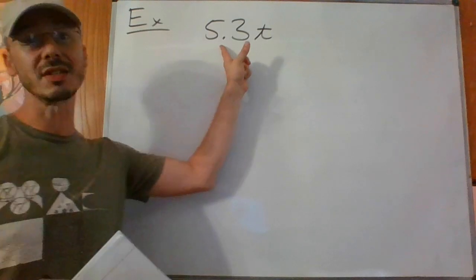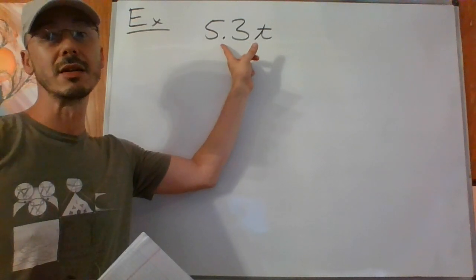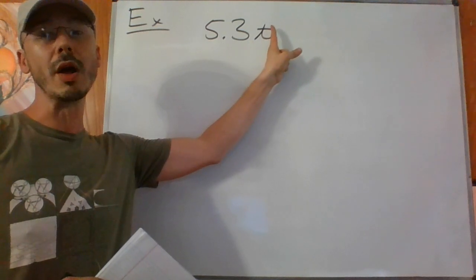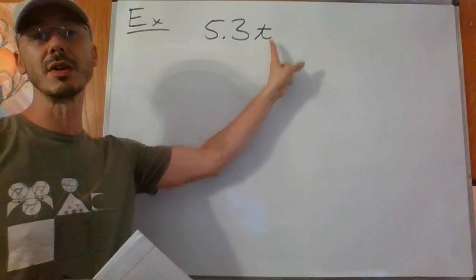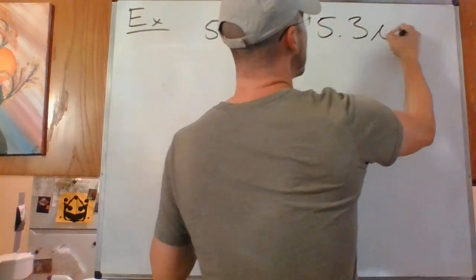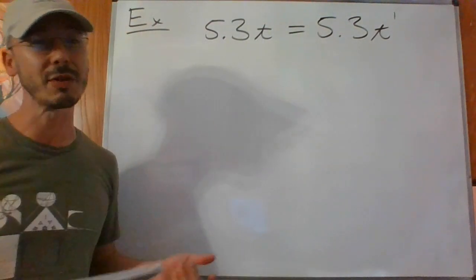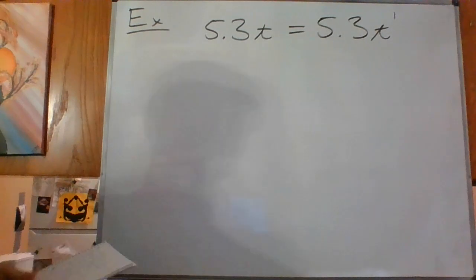The coefficient is a decimal, 5.3. The degree is 1. This is t, which is t to the first. You could write it like this, 5.3 t to the first, but that's not really simplified because you don't need the power of 1 to indicate one factor of t.